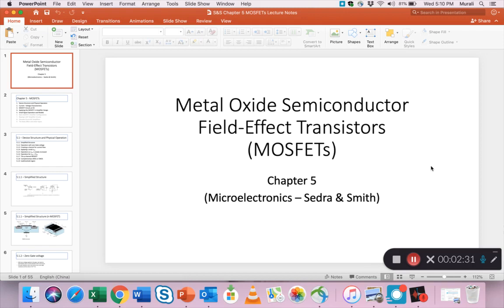So hopefully you will feel the same way, just because of the natural simplicity of MOSFETs, but also because we have already seen all of the basic ideas in the previous chapter, and so you should recognize that in this chapter we are kind of repeating the same concepts. Okay, there are differences, don't get me wrong.